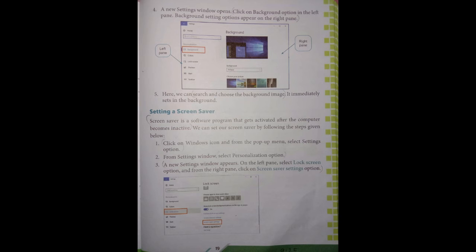Next we will discuss how to set a screensaver. Now what is a screensaver? It is a software program that gets activated after the computer becomes inactive, or when we are not doing any activity on the computer for a long time. Now to set a screensaver, click on the Windows icon from the pop-up menu. Select settings option. From the settings window, select personalization option.